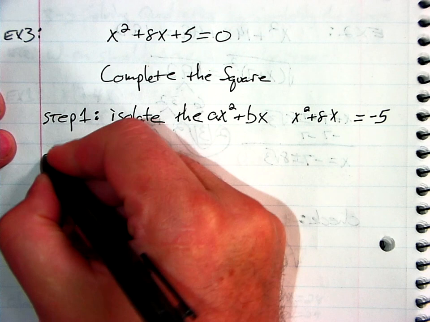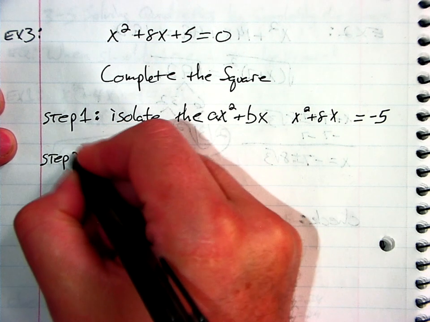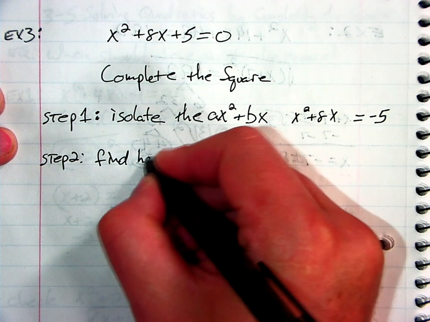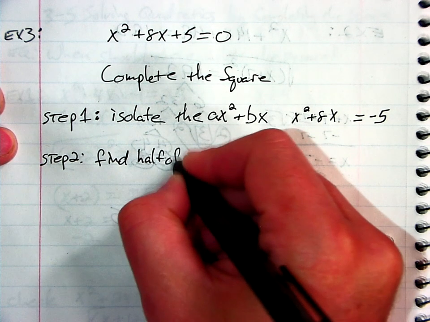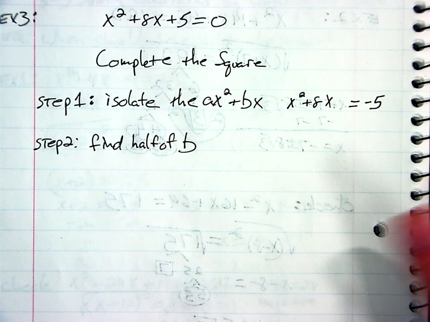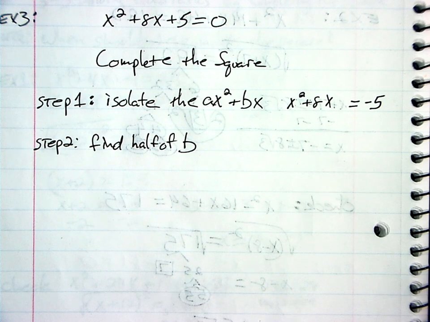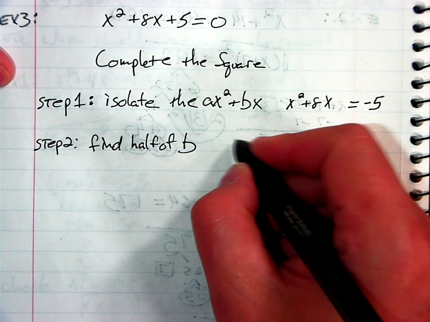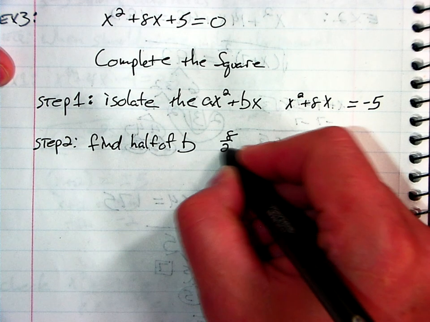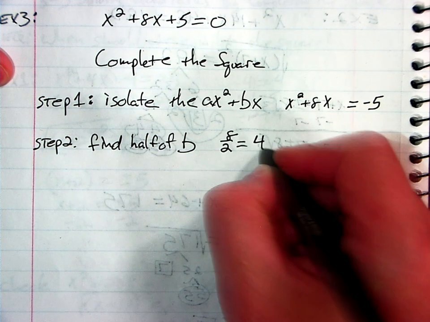Step 2, find half of my b term, half of b. You are correct. So I take my b term, which in this case is 8, and divide it by 2, and that gives me 4.